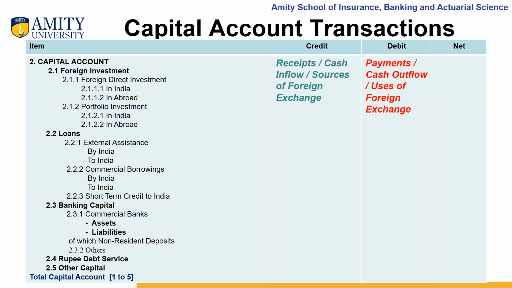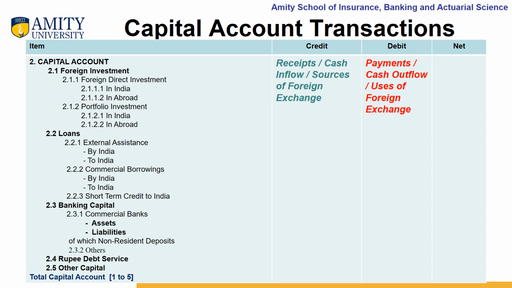The second major component is loan, which will include external assistance provided by India as well as external assistance provided to India. Same is the case with commercial borrowings. By India and to India, both we will record, and short-term credit to India will be recorded in this major category of loans. The third major category is banking capital.